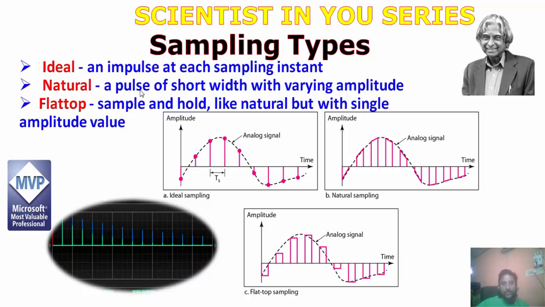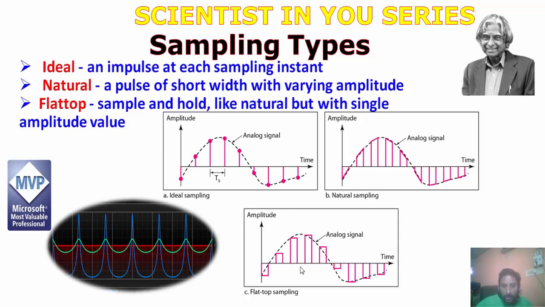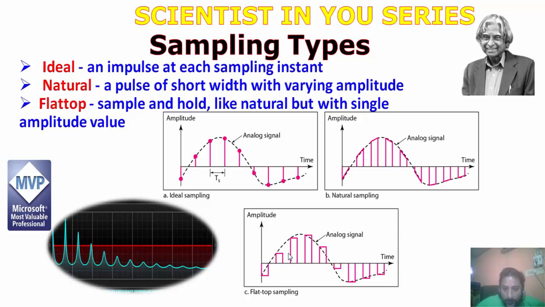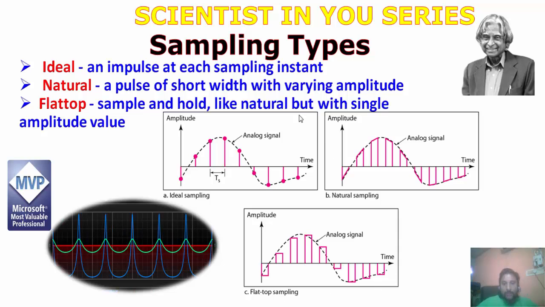That's your natural sampling. And apart from that, flat top sampling is nothing but sample and hold both are involved, but with a single amplitude value. I didn't match this one, but I matched this one. I matched this one, I didn't match this one. This is how your flat top will be. This is how your sampling types are.